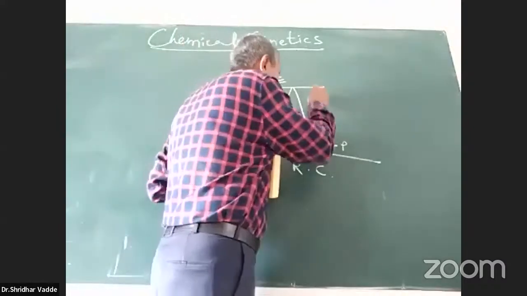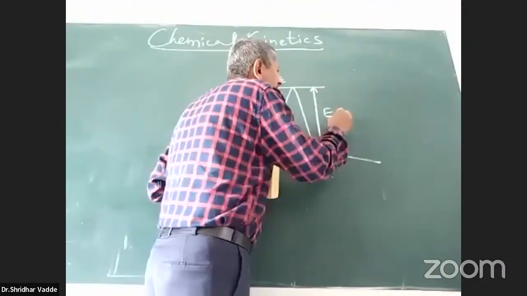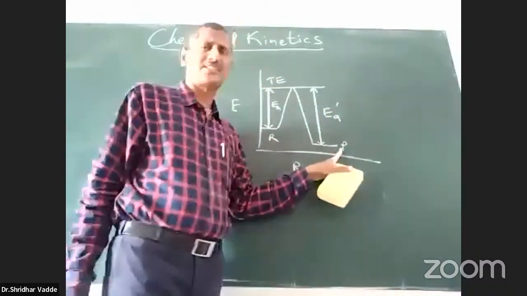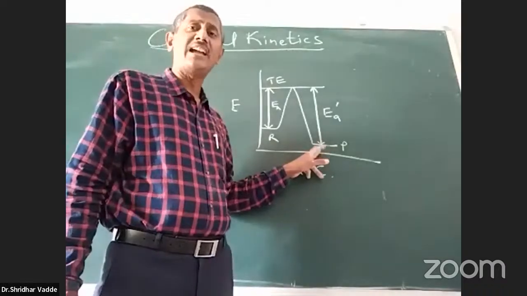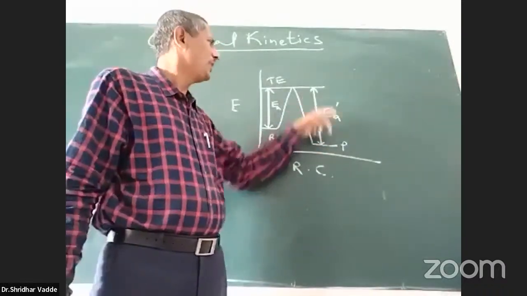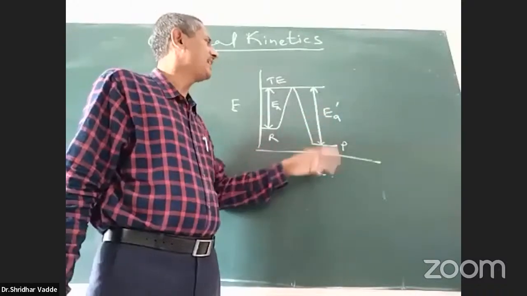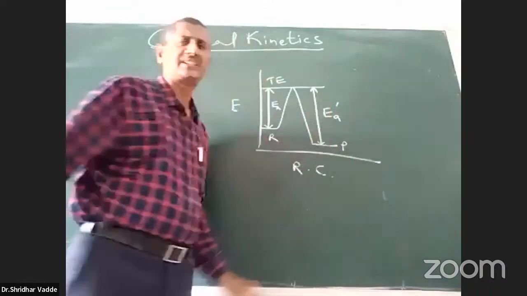So the difference between the threshold energy and energy possessed by the product molecules is called energy of activation of products. అంటే క్రియాజన్యాల యొక్క సగటు శక్తికి మరియు threshold ఎనర్జీకి మధ్య గల భేదాన్ని క్రియాజన్యాల యొక్క ఉత్తేజిత శక్తి అని అంటాం.